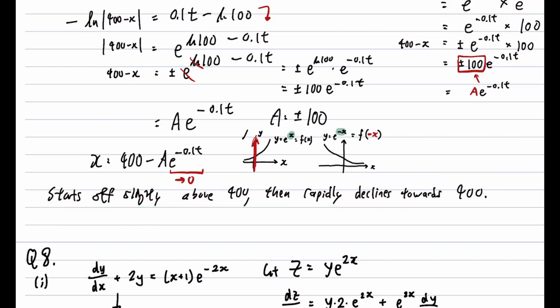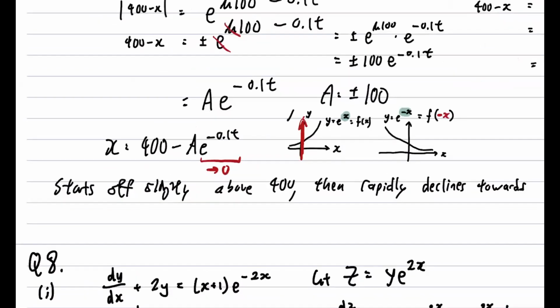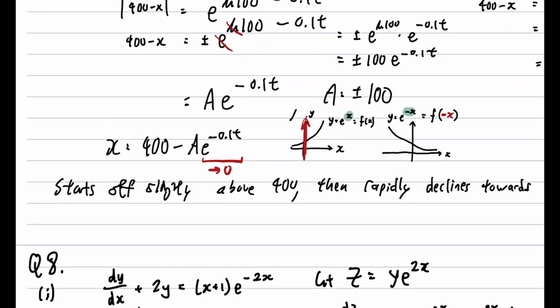You can also use a GC to draw this. So let's remember this equation, x equals 400 minus A times e to the power of negative 0.1t. Did you write it down? Yes, okay, I'm going to share Desmos with you. Do you know what Desmos is?